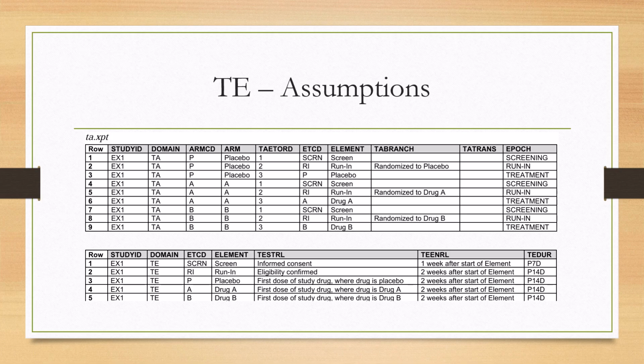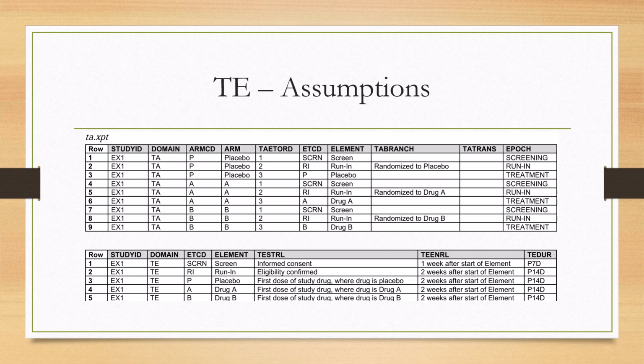Let's see the screening and run-in elements first. These two elements appear in all the arms. So as per the rule, the start rule for these two elements should be independent of arm. When we defined the rule for screening, we are just mentioning the informed consent.